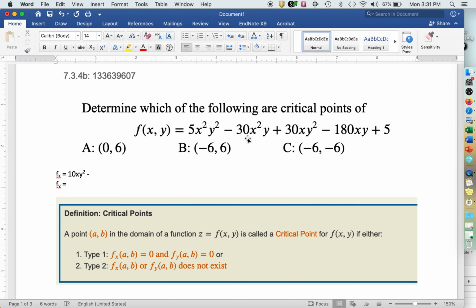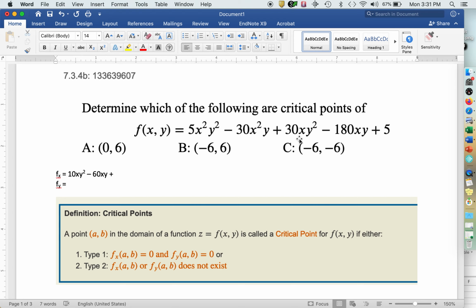We're going to do the same thing with the x squared in the second term. I have 30, that's a constant. I have y, that's also, we're treating it like a constant. The derivative of x squared is 2x, so that'll be 2 times 30, which is 60x, and then the y also we treat like a constant that's multiplied. Okay, the third term, I have 30xy squared. So if I had a number times x and I take the derivative, I will just get that number, because the derivative of 1x is 1.